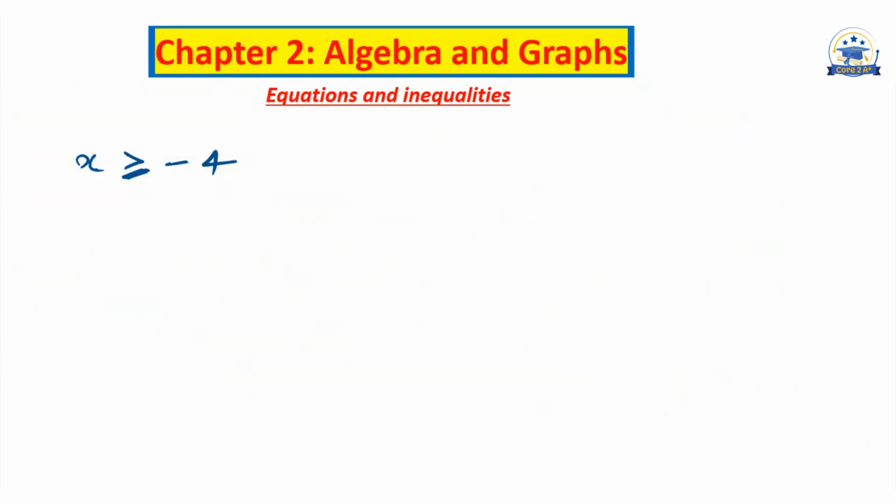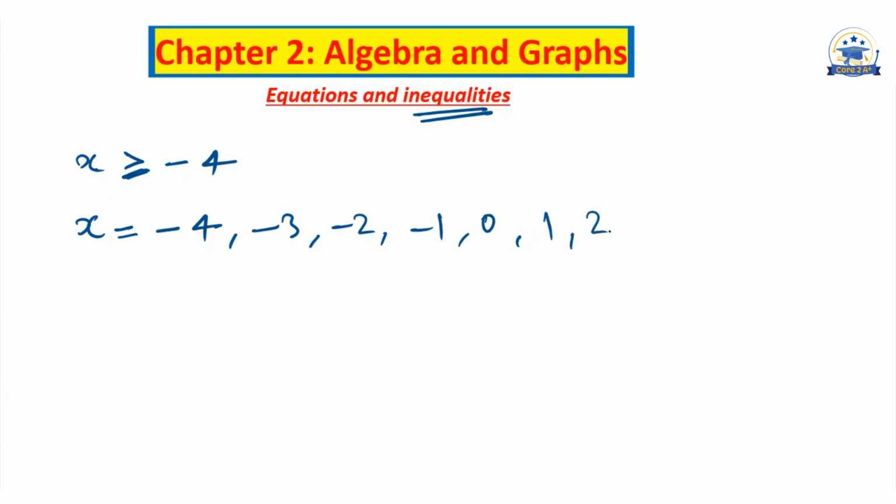But in the case of inequalities, we have more than one value of x. So the value of x is greater than or equal to negative 4. So how will we write? x is equal to negative 4, negative 3, negative 2, negative 1, 0, 1, 2, 3, 4, till infinity. Okay? Did you get that?